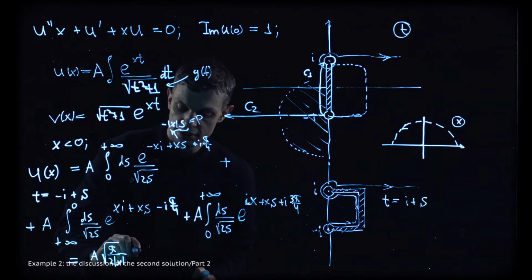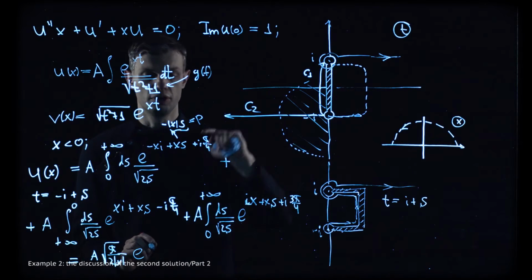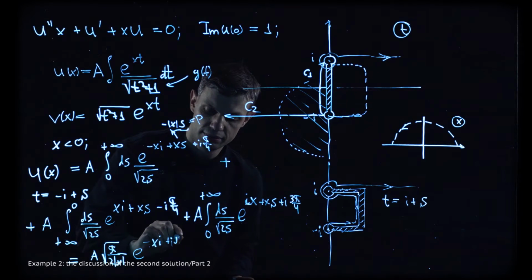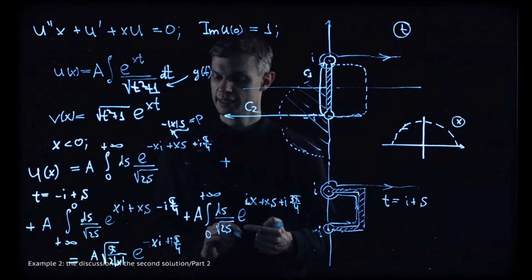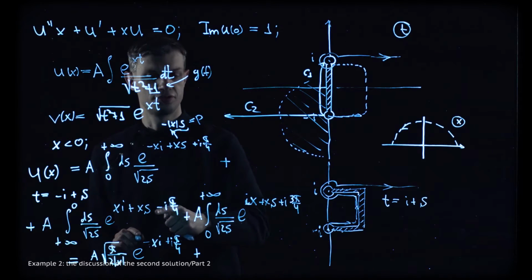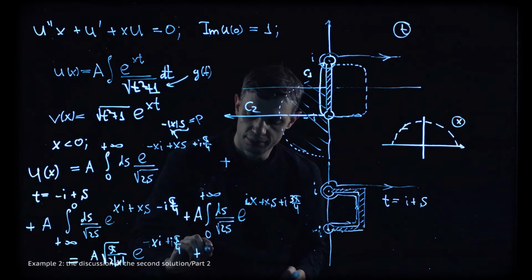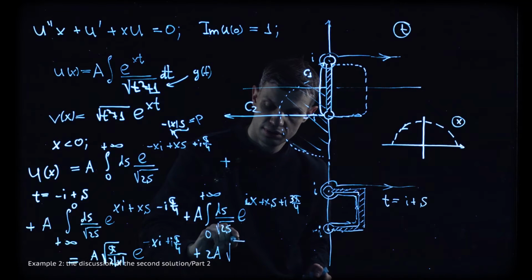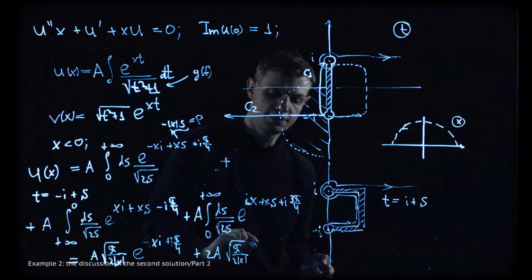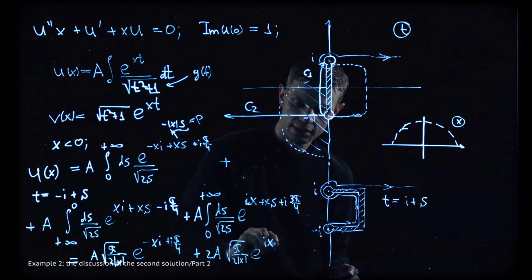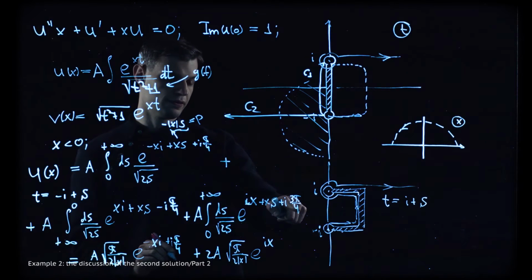All right, so here is the contribution from the lower branch point, which is minus xi plus I pi by 4. And this is, right, this is the contribution from the second, the upper branch point, which is 2a square root of pi by 2 modulus x times e to ix plus 3 pi by 4.